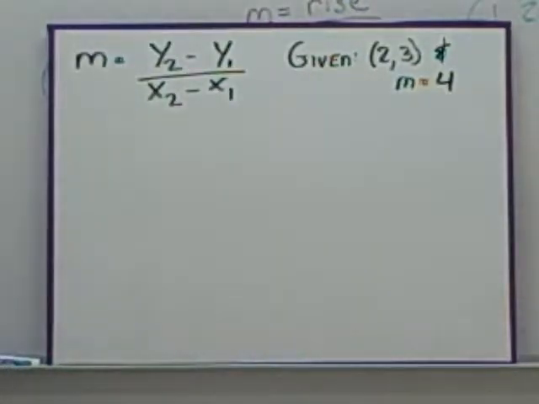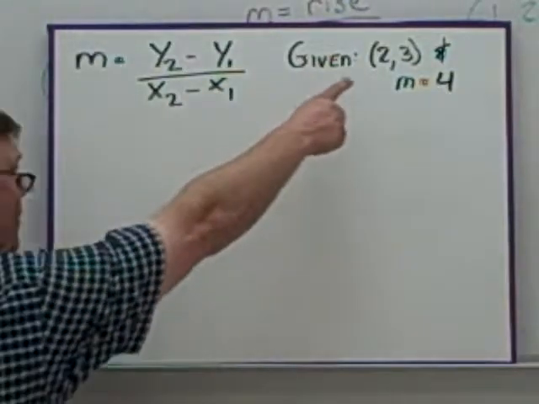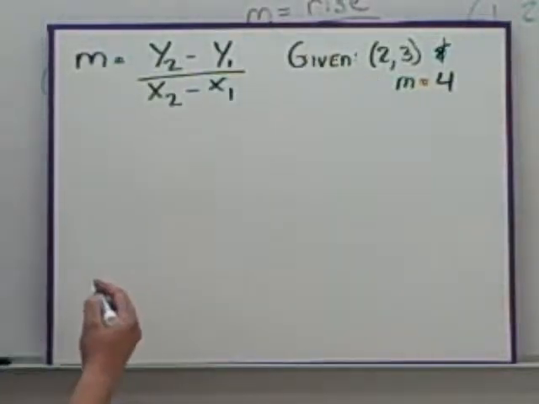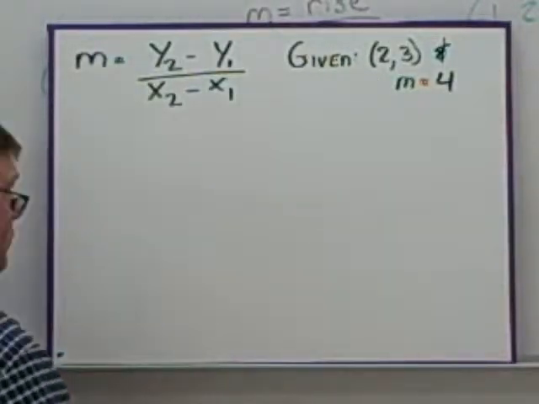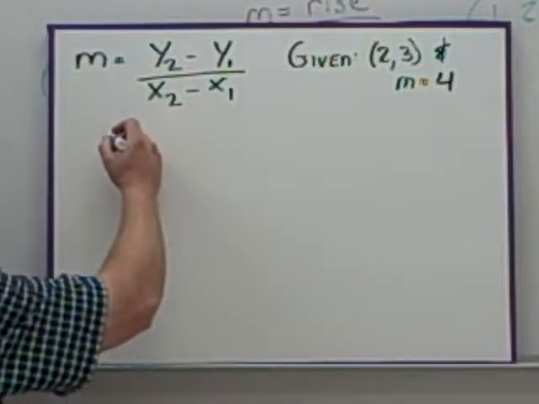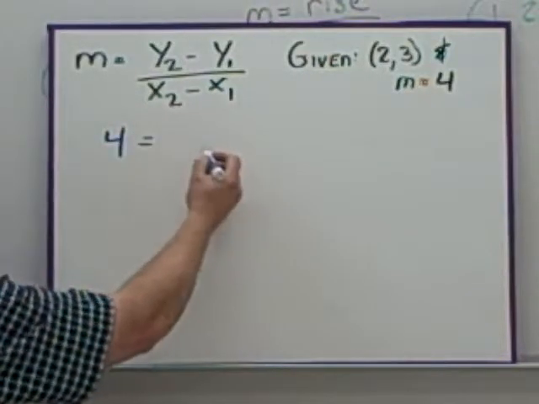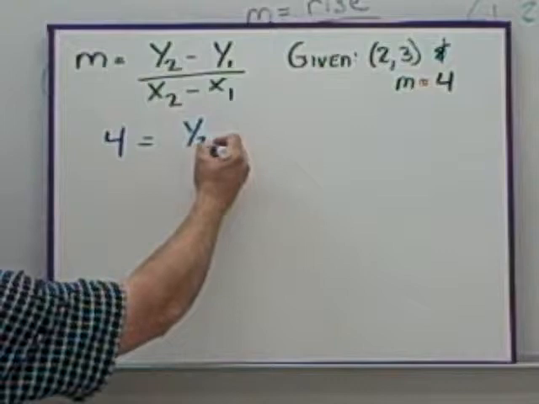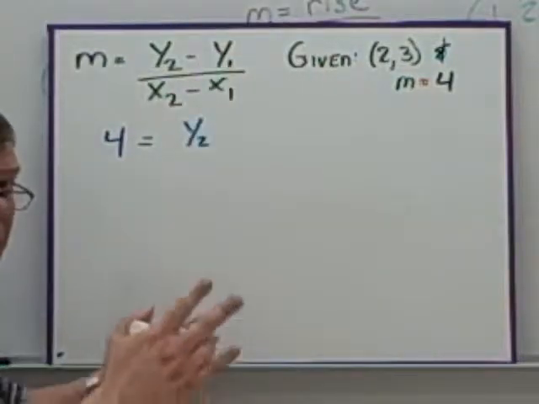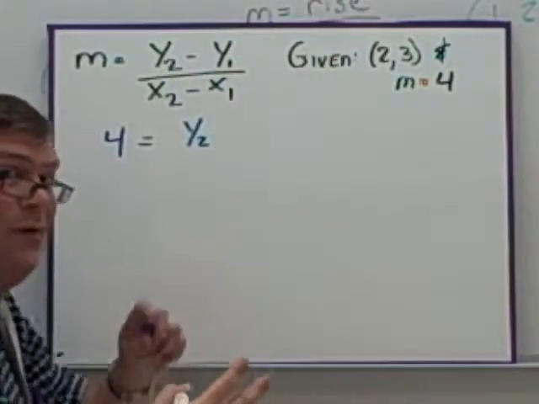Let's say we are given this point, (2, 3), and a slope of 4. Well, if I plug those into here, I get 4 is equal to y2. We're going to plug it in for y1 because we've only got 1 point, so we're going to call this point 1.